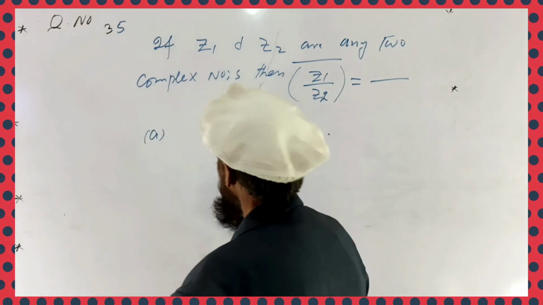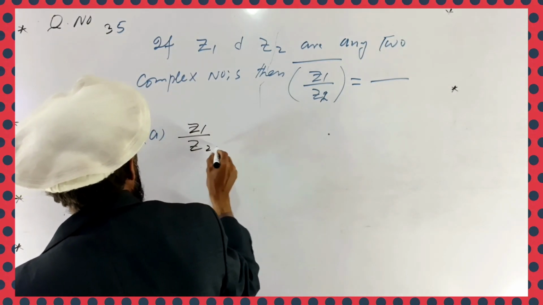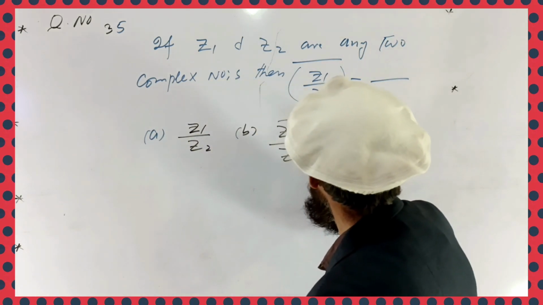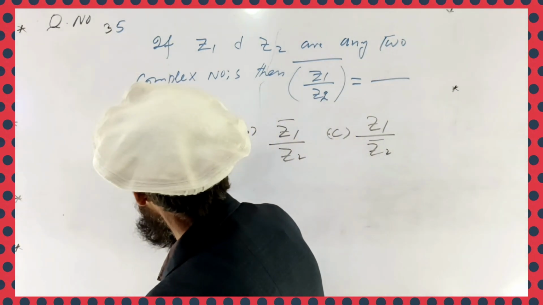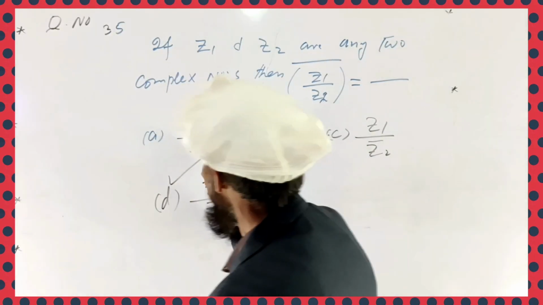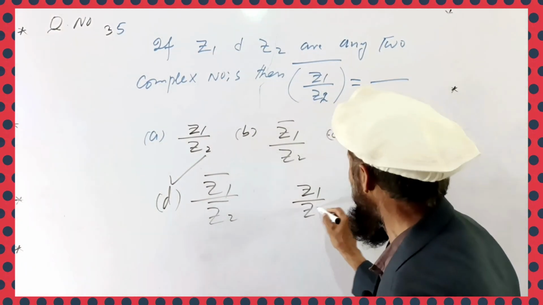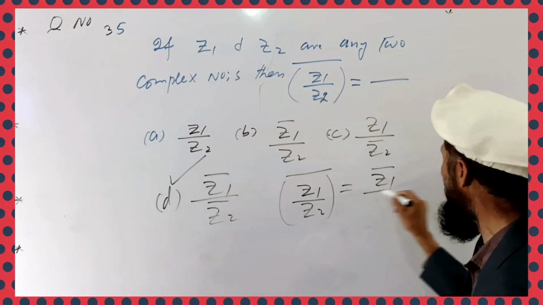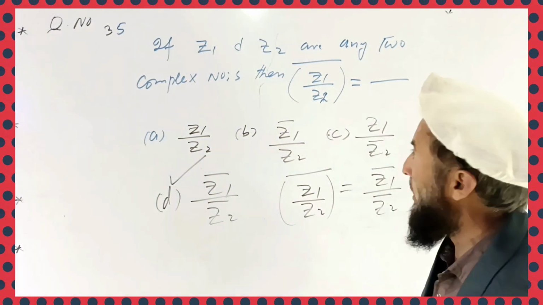Option A, Z1 divided by Z2, C Z1 divided by Z2, and D Z1 conjugate divided by Z2 conjugate. Correct answer is D. So according to the property, we have already discussed this property. It is the whole conjugate of this property, so individually we take the conjugate of each, so the correct answer is D.